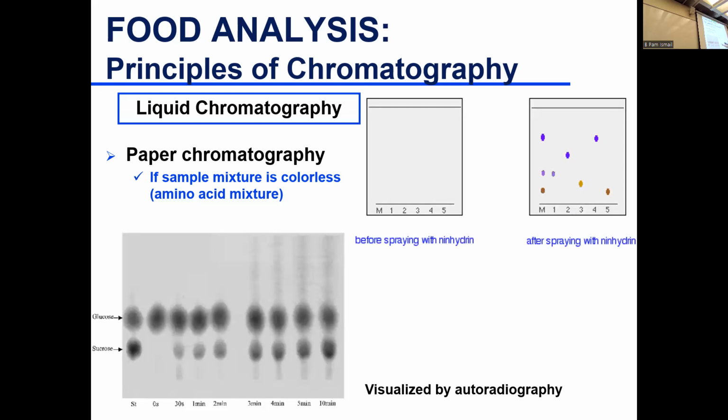In the case of sucrose and glucose, you can visualize by autoradiography. In the case of fatty acids or different types of fat separation, you use a different reagent, like H2SO4, and you can burn the sample and then see burnt spots.